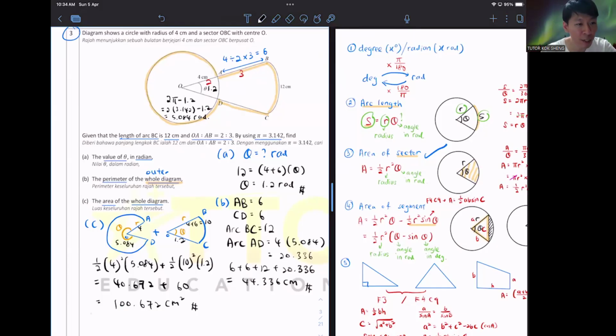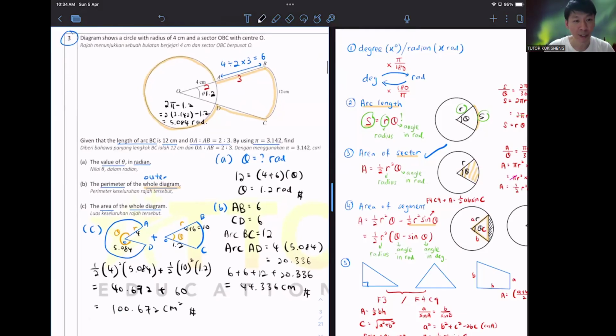So this is number 3, first one, 10 marks, easy. Not too hard for you. Maybe because it's two circles, you have to see carefully both the angle and the radius. Okay, number 3 done. Next one, go for number 7.